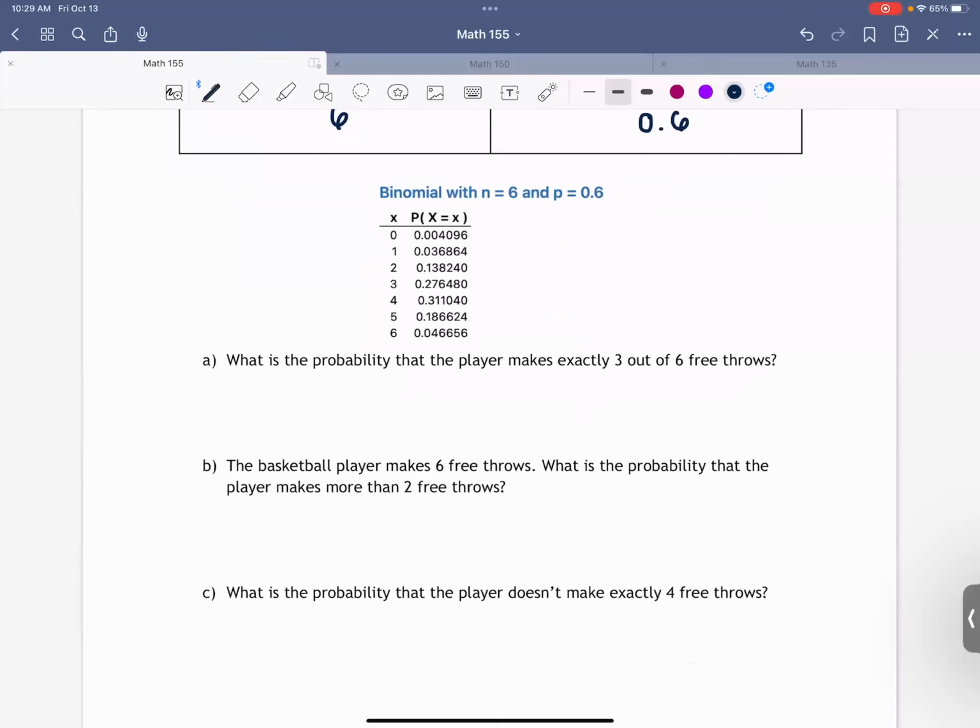What did we get for part A? What was the probability for exactly 3? Just give me the first 2 decimal points. 0.276480. I don't think anyone wants to read out that full decimal. So that was just by reading the chart, right? What would the strategy be for part B?